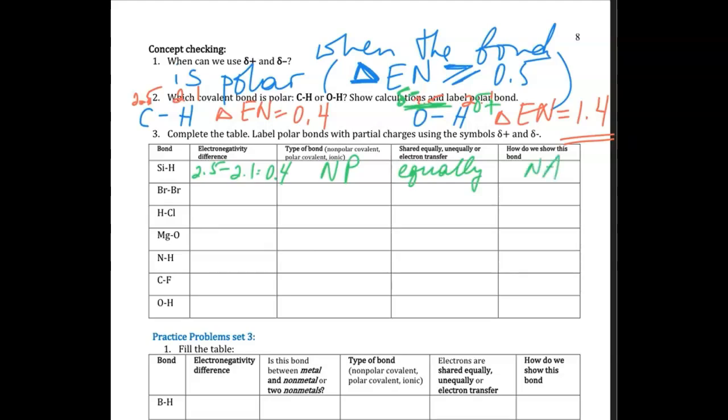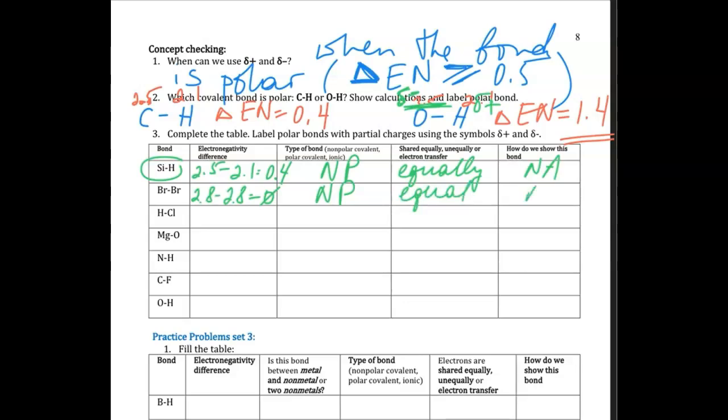And how do we show this bond? We show this bond with no symbols, so no partial charges, because this is a non-polar bond, or you can use 0 and 0.